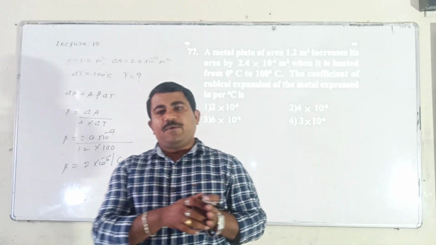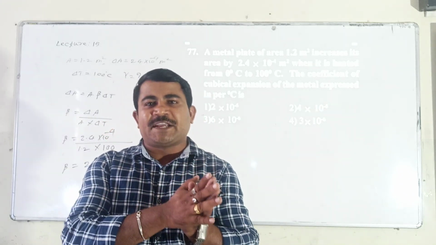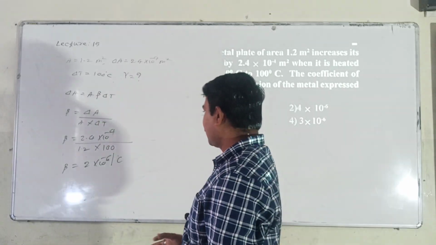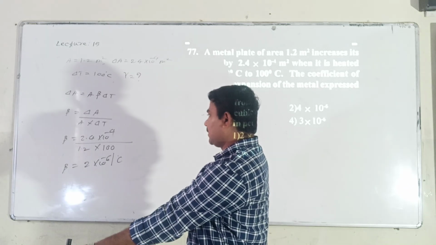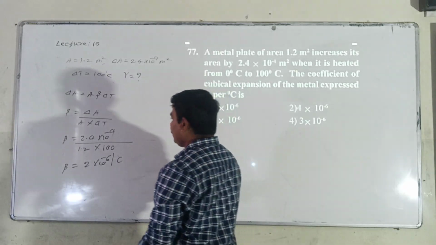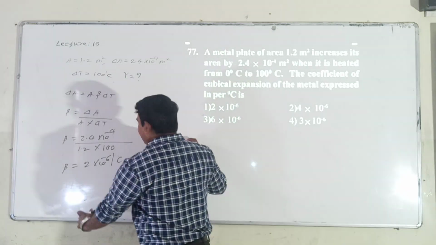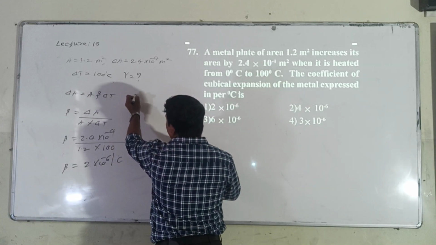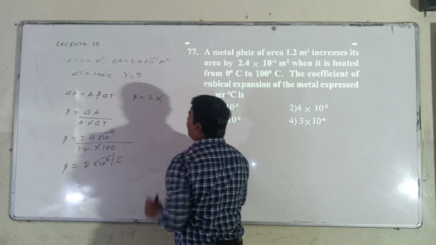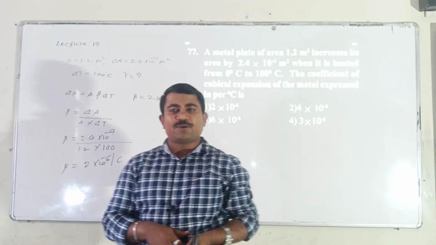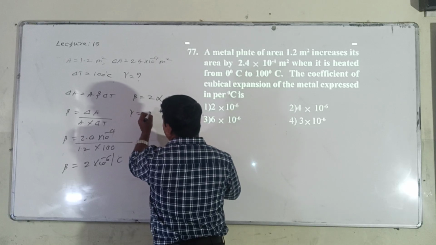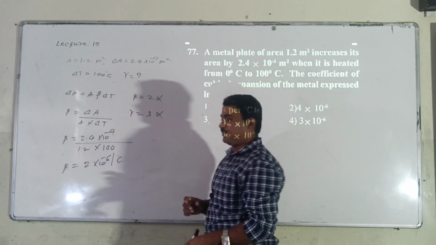Again, we know the relation between beta and gamma. Look at me. Beta is equal to 2 alpha and gamma is equal to 3 alpha.